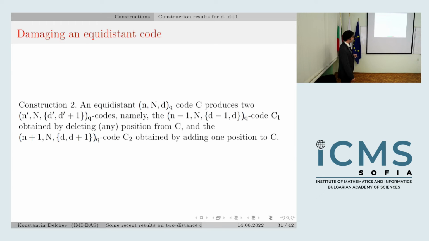Our second approach, which I call the mutilation, is basically damaging an equidistant code. An equidistant code has just one distance. An equidistant code produces two codes: if we delete any row, or if we add one position and put whatever in it.